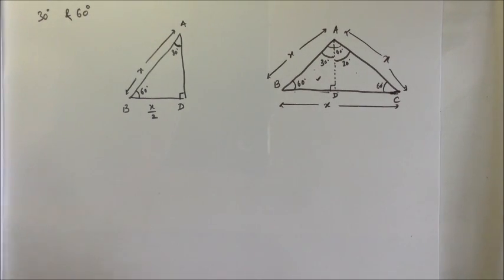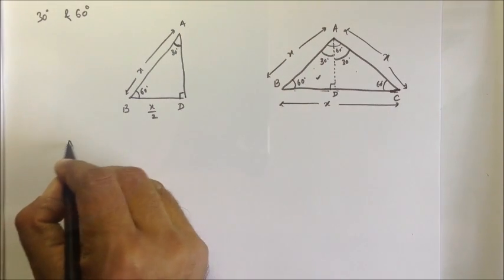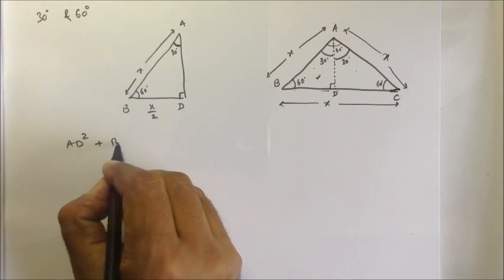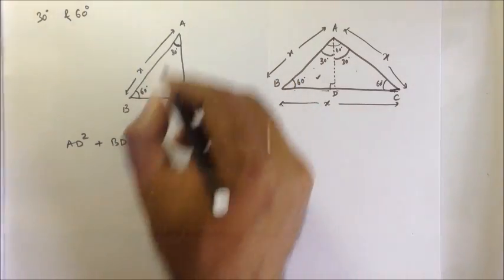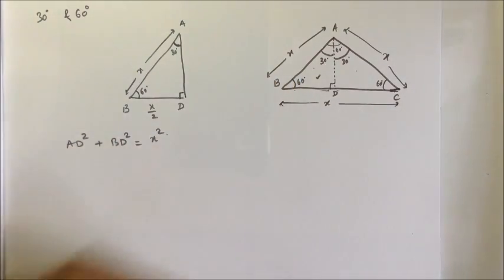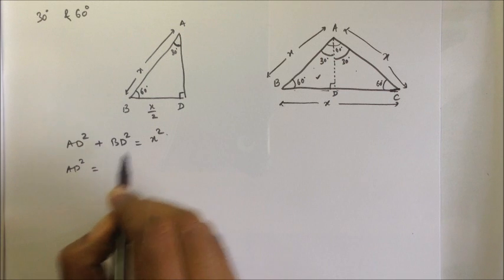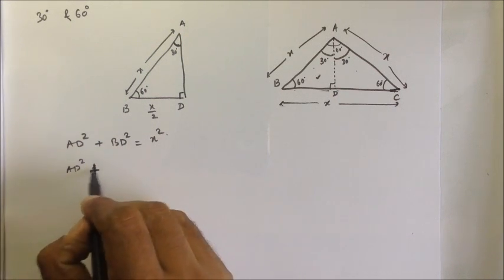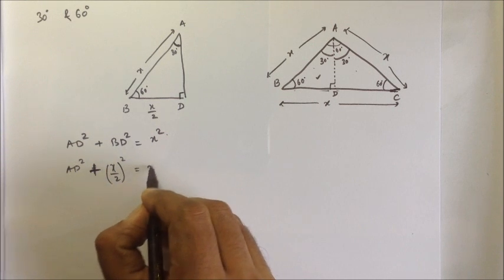So using Pythagoras theorem, I can see that AD square plus BD square, which is perpendicular square plus base square, is equal to hypotenuse square, which is x here, AB. Now AD is something that we need to find out. BD is x by 2 and this is equal to x square.